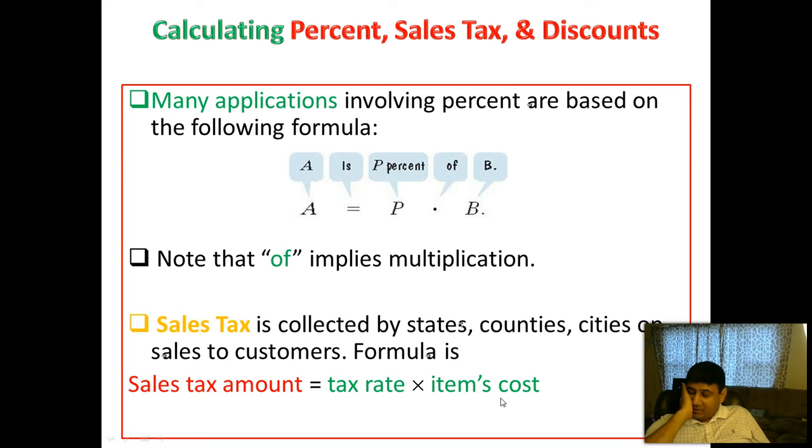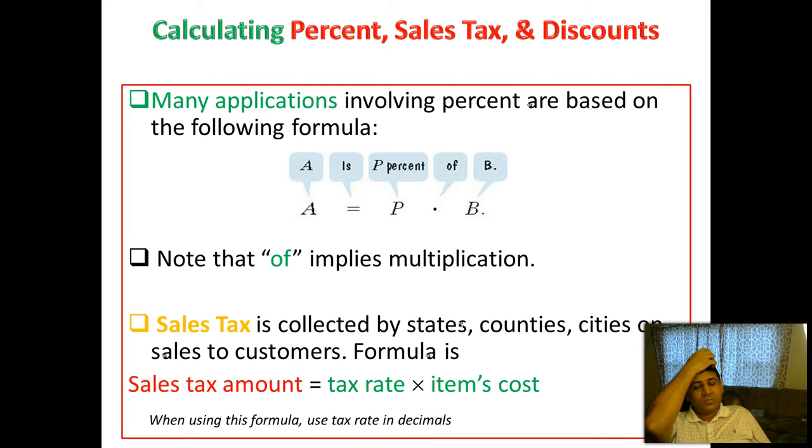If you purchase a car for 30,000 and the tax is, for example, 5%, you will multiply 0.05 with the price, and whatever it comes out to be will be your sales tax amount. Always keep in mind, when you calculate using this formula, the tax rate has to be in decimals. If it is given in percentages, convert it into decimals and then use this formula. Tax amount is equal to the percent times the price of the item you are buying.